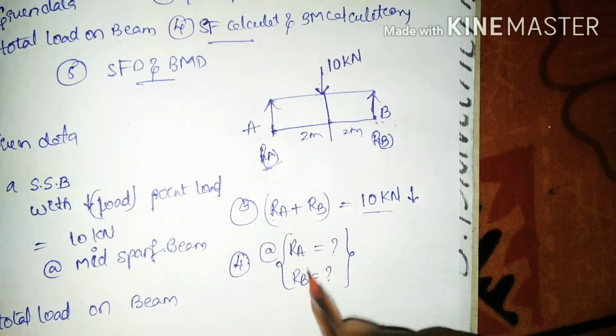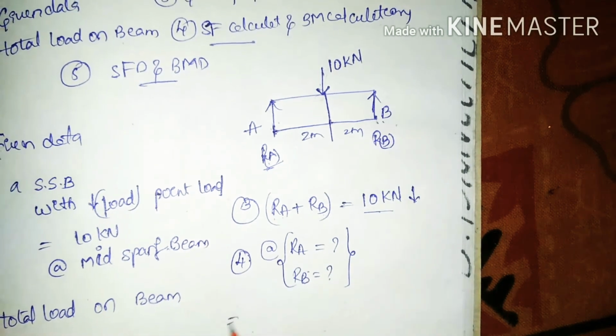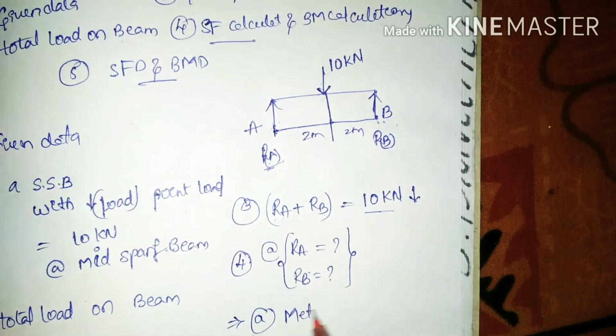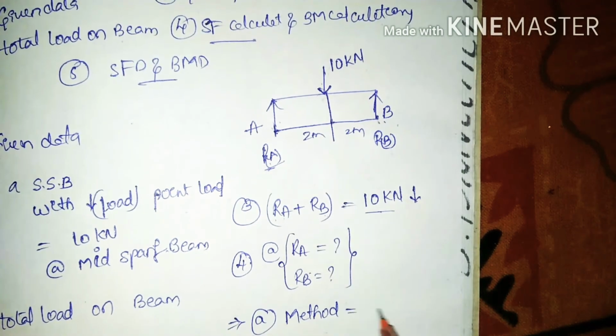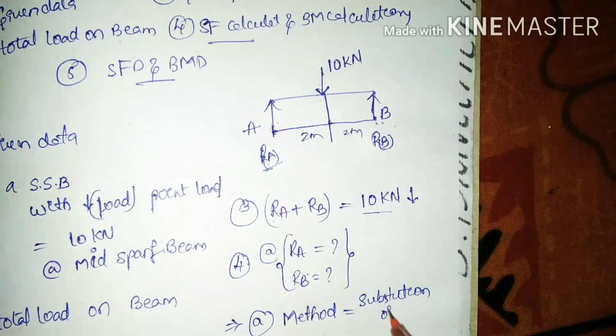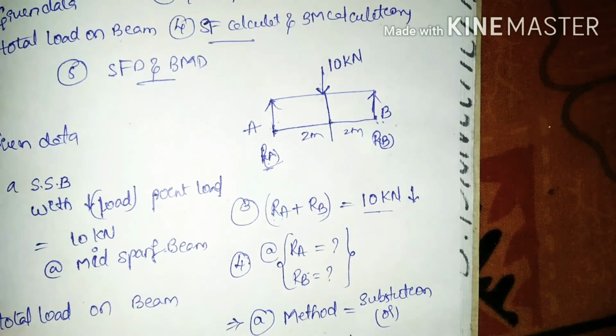To find the RA and RB values, we can use the substitution method or the moment method.